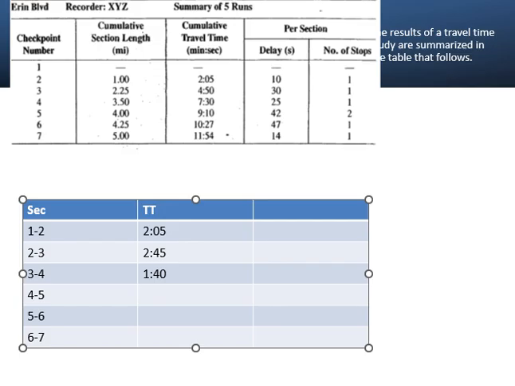10:27 minus 9:10. Which one did I do? I'm going between 3 and 4, right? I'm doing this one, right? So 9:10 minus 7:30. It's not 2:30. You will do 9 minus 7, it will be 2. 10 minus 30, no, 1:40.